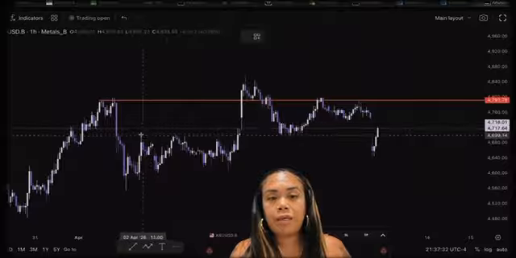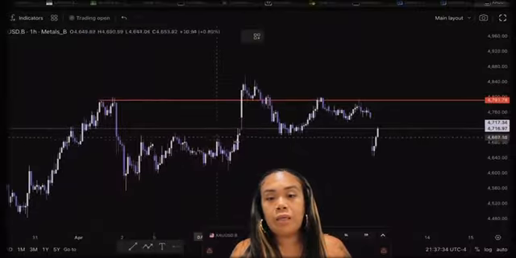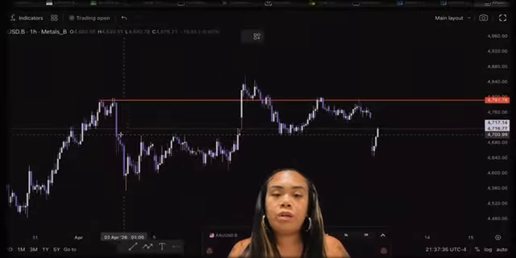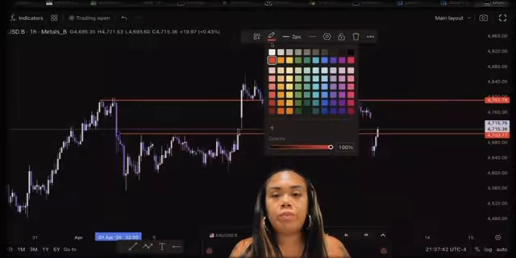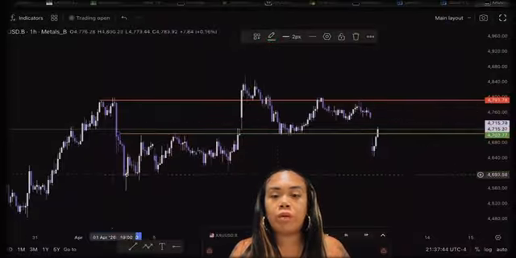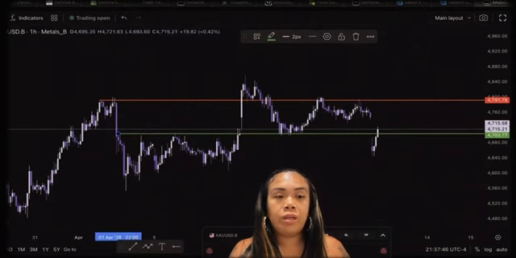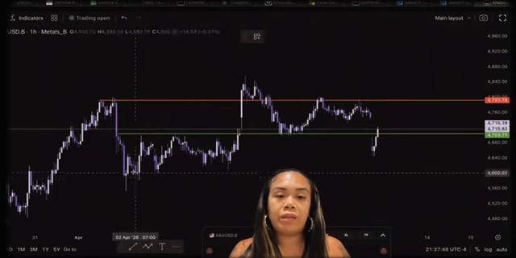Look at this. Tap, tap, candle tap, tap around here, tap around here. So I'm just going to draw a line right here. That would be one of the supports. And I know we still have other ones right over here. Essentially, you can mark them if you like.